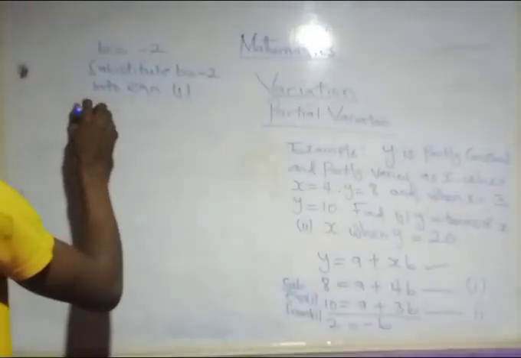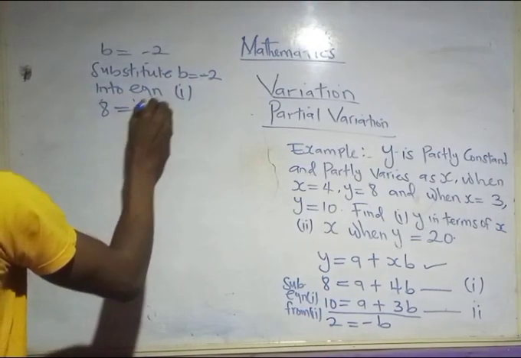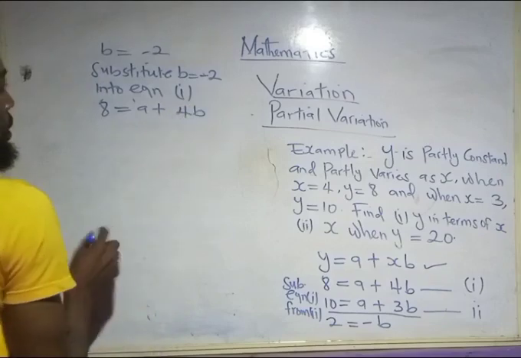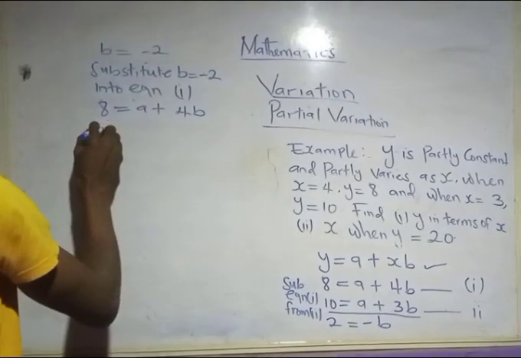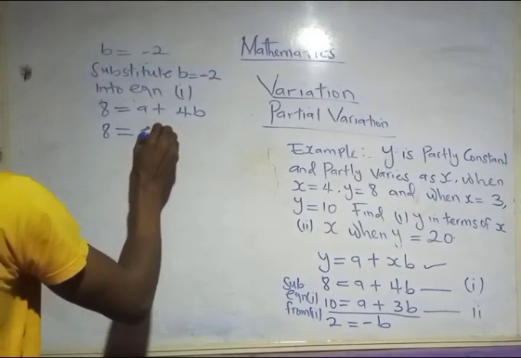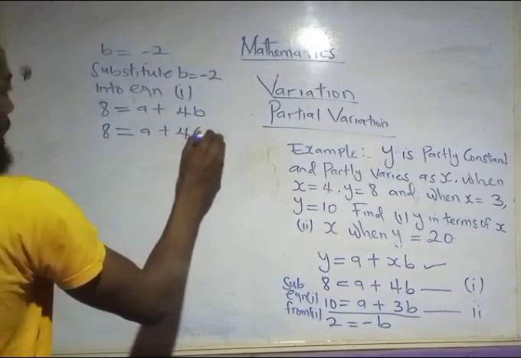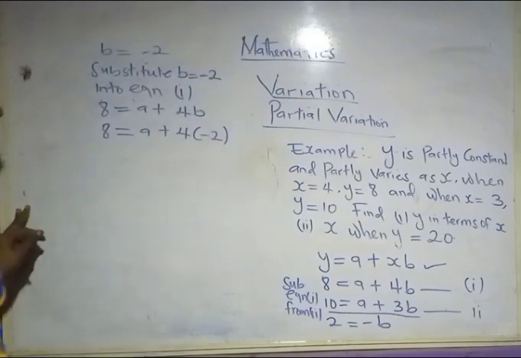Equation 1 says 8 is equal to a plus 4b. Now we have gotten the value of our b, which is minus 2. So we have it this way: 8 is equal to a, which is not given yet, plus 4 bracket minus 2. Put it in the brackets to replace b.